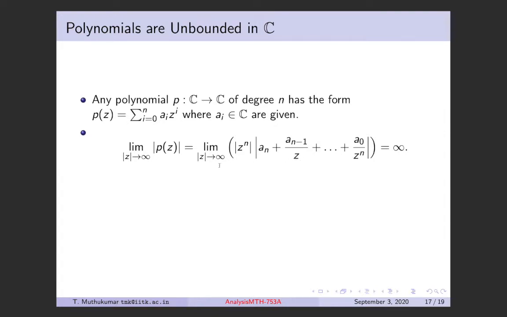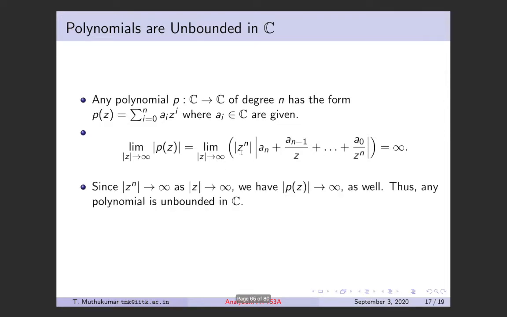As z goes to infinity, all the denominators go to infinity, so all these terms go to 0. What remains is just a_n. And now what happens to mod z^n? The same thing. As z goes to infinity, mod z^n goes to infinity, right? Which means that as z goes to infinity, the polynomial goes to infinity.